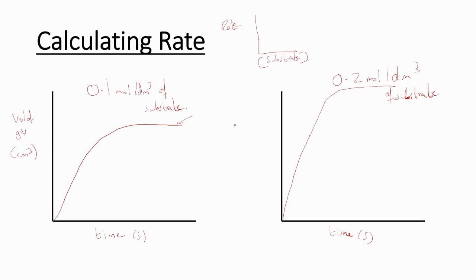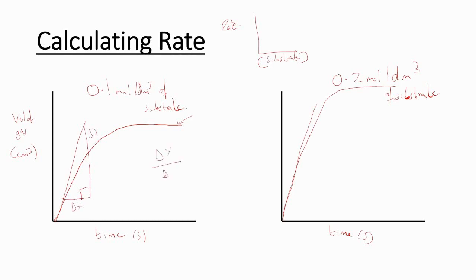So let's look at these two experiments. How do we compare the rate? We need to compare the rate at the same time points to make it a valid comparison. So what we do is we work out the initial rate by drawing a tangent to this line. And we do the same here. And then we work out the gradient of a straight line, as so, by looking at the change in y by the change in x.